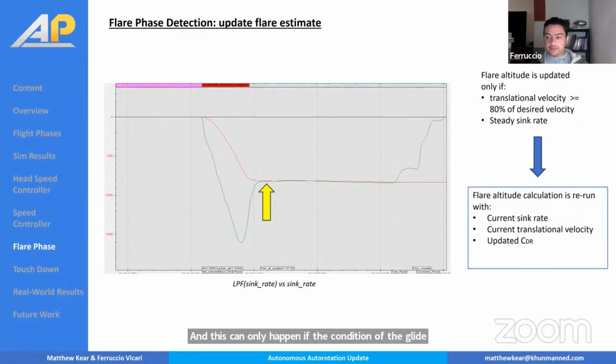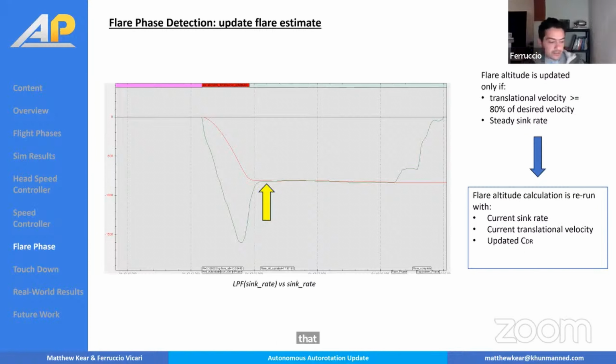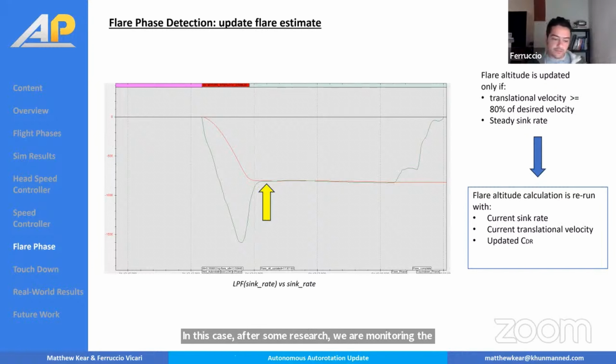That means that in this case, after some research, we are monitoring the sink rate and comparing it to the low pass filtered value of the sink rate. This is because it can happen that during the descent, due to wind or some other factors, the sink rate and rotor RPM can be not very stable.